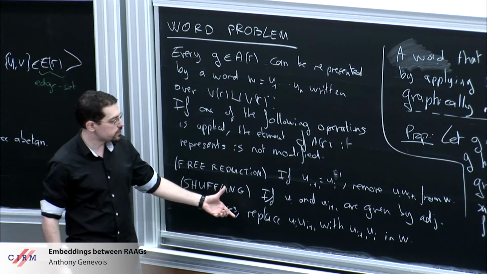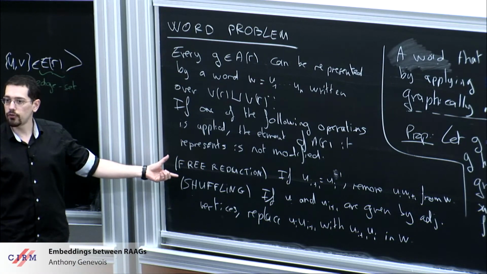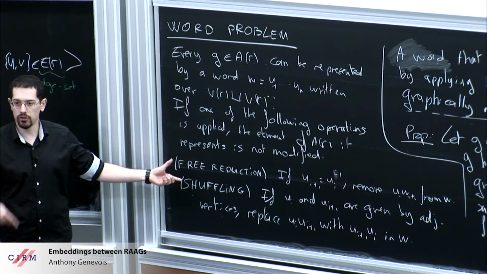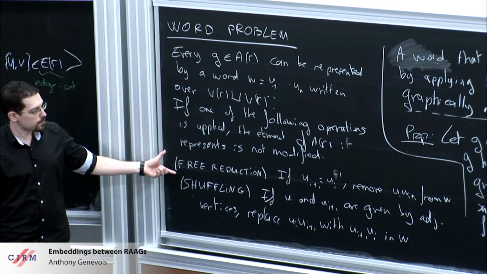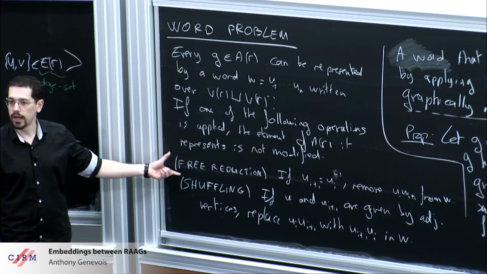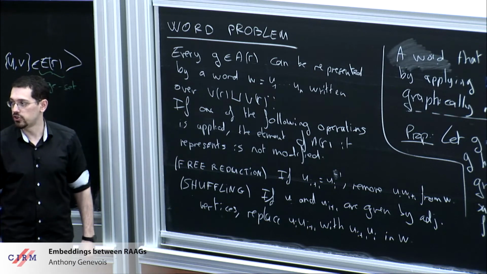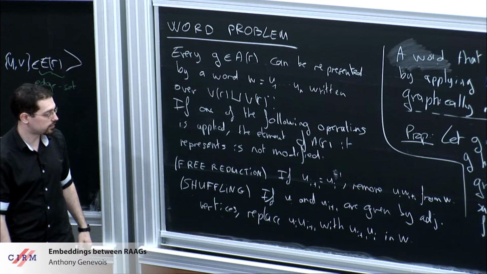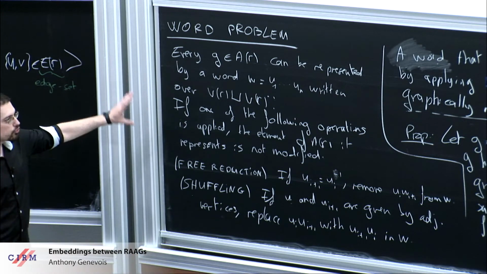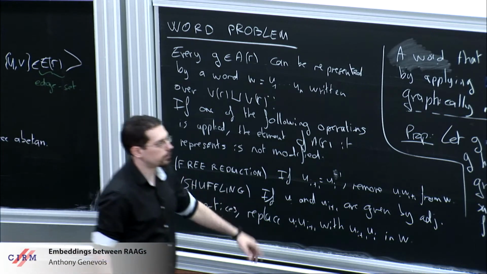For all the possibilities, you check whether or not you can apply a reduction. If you can, you reduce and you repeat. After finitely many steps, you have to stop. You have no possible free reduction, and you have two possibilities. Your word is just empty, and your element is trivial, or it's not, and it's not trivial. And that's it.